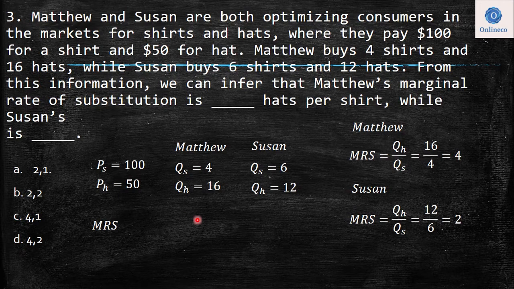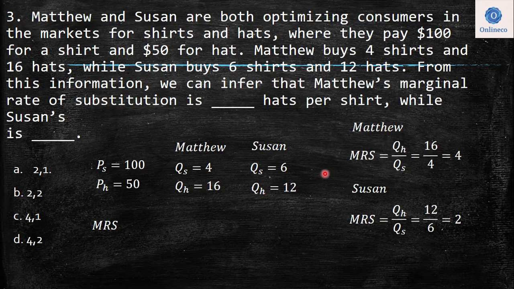Then, in order to represent this better, we have the price of shirts at 100 and the price of hats at 50. We know that Matthew will consume 4 shirts and 16 hats. Susan will consume 6 shirts and 12 hats.